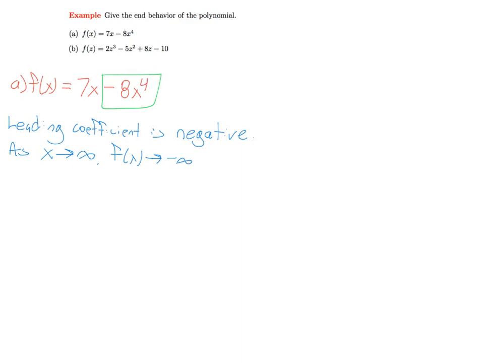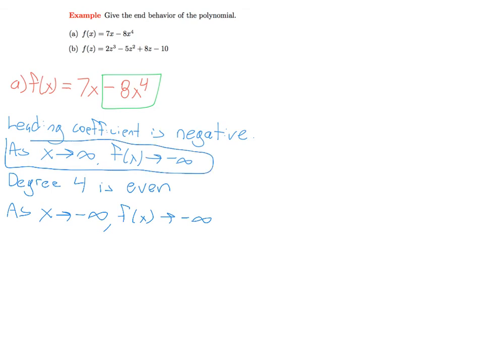And secondly, we see that the degree, which is 4, is even. So that means what happens on the other end as x goes to negative infinity, f of x is going to behave the same at the other end. It's going to go to negative infinity. So here we've got a full picture of the end behavior of this polynomial.